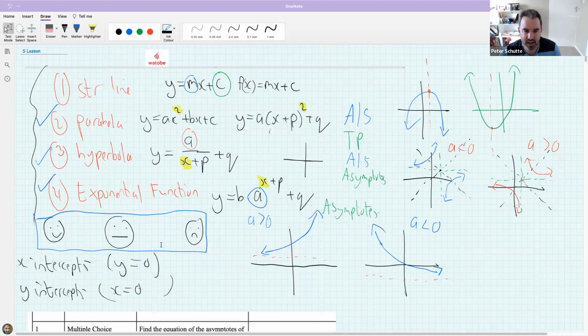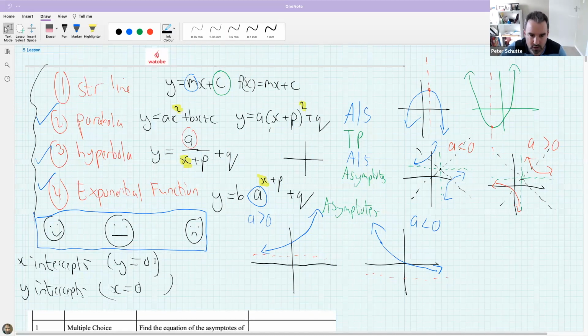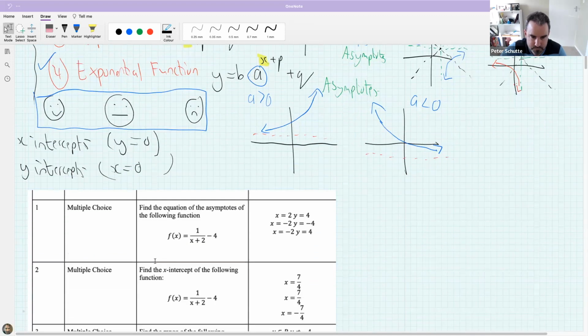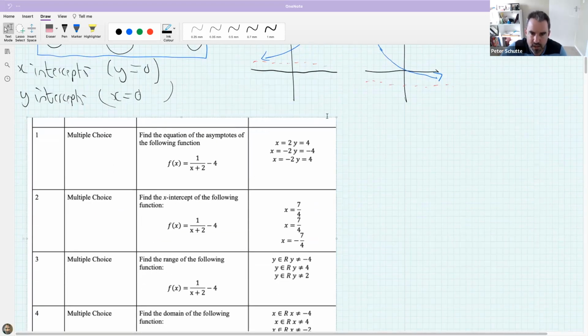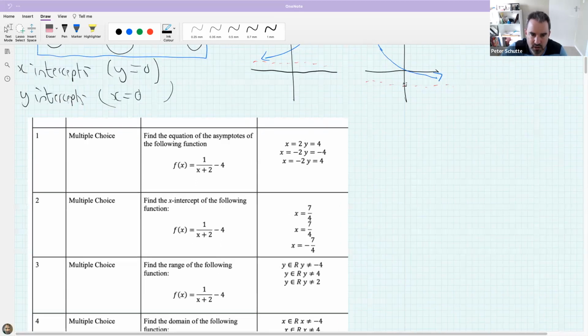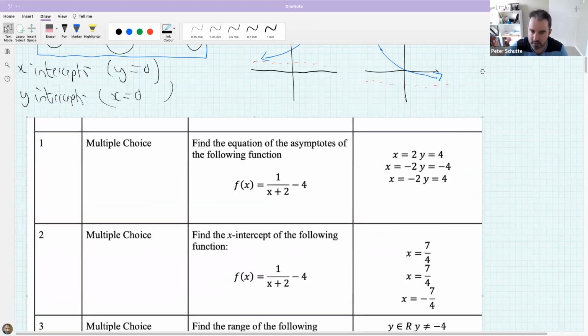Now, that concludes my quick little summary of functions. Let's go and look at some questions here. I want you to try and do question 1 and 2 for me.